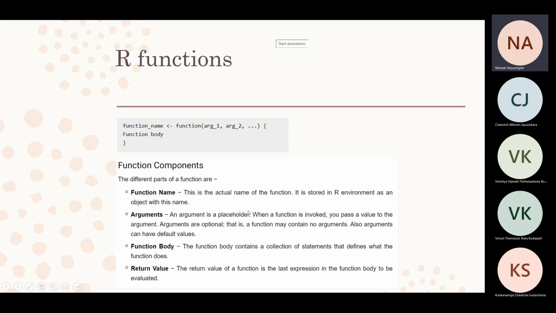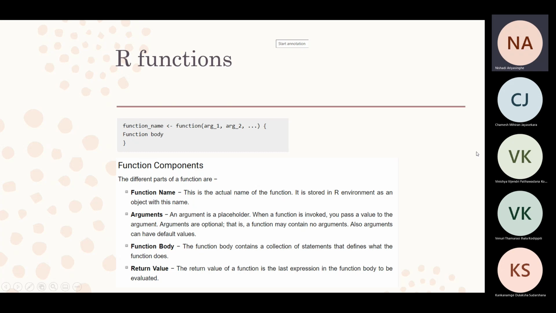So when you create a function, a function type object will be created, and you will be able to see the function name in the global environment of R. Similar to creating a variable: whenever you create a variable, that variable name appears in the global environment. So here also the function name will appear in the global environment.